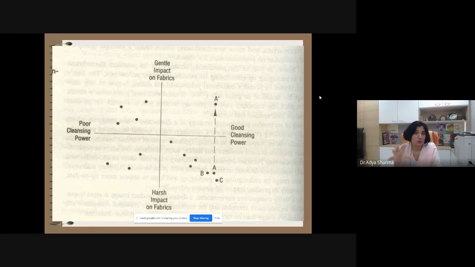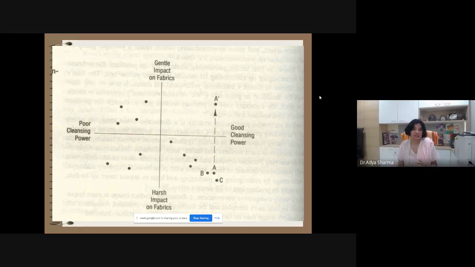Just see that almost all the squares, I mean, all the spaces are filled except the space between gentle impact on fabric and good cleansing power. So what does it mean? That in the market, consumers think that there is no powder which has great cleansing power, and at the same time, it is not harsh on the fabrics also.